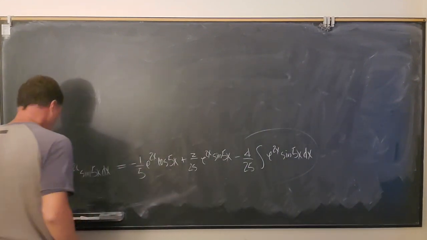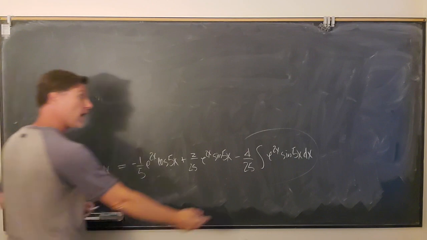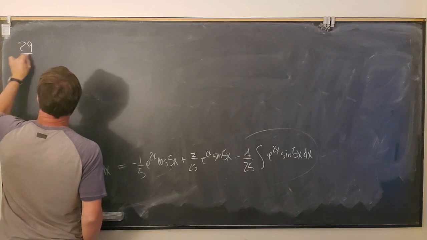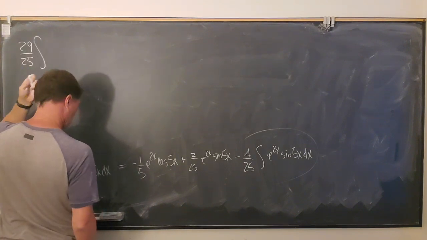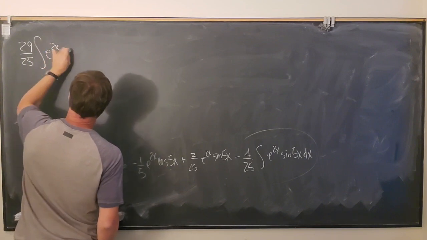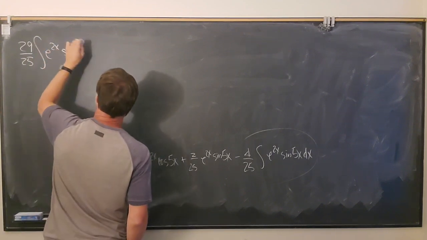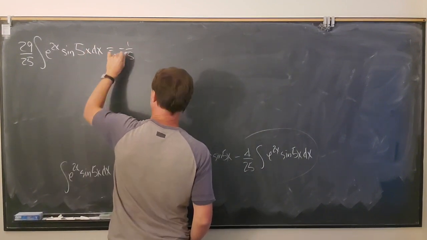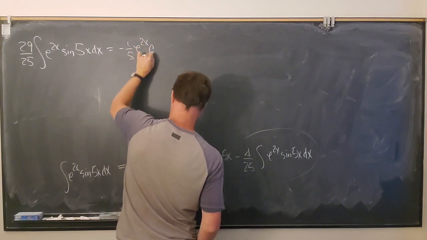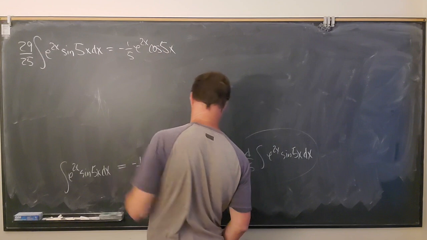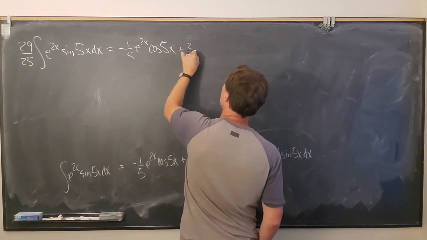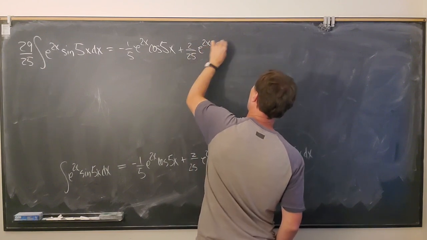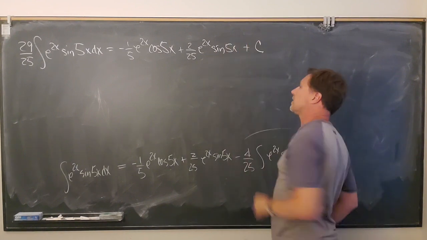And so what we get then, I have this integral plus 4/25 of this integral, so that will give me what, 29/25 integral e to the 2x sine 5x dx equals -1/5 e to the 2x cosine 5x plus 2/25 e to the 2x sine 5x, and I guess now I need my plus c over here.